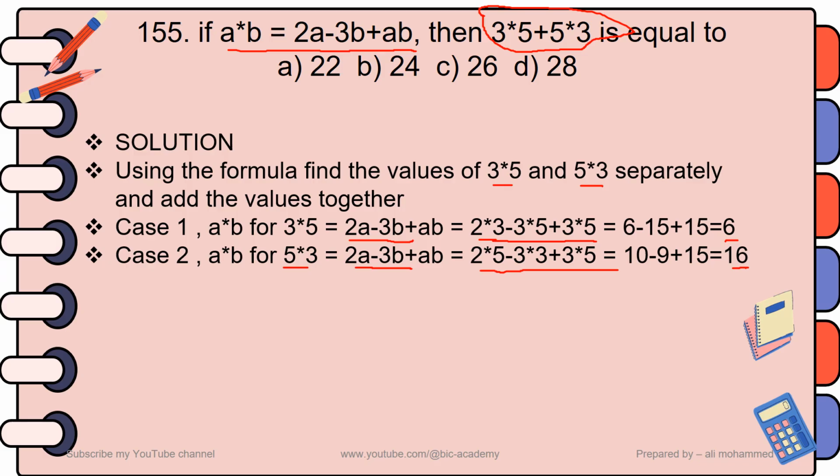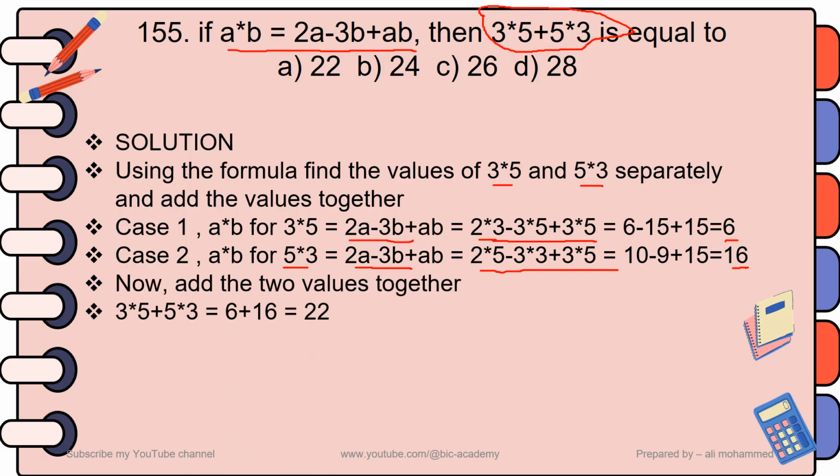Now you get separately the values of 3 times by 5 and 5 times by 3. Then what you have to do is just simply add the two values. Then the answer for this question is 6 plus 16, which is equal to 22. So your answer for this question is choice A.